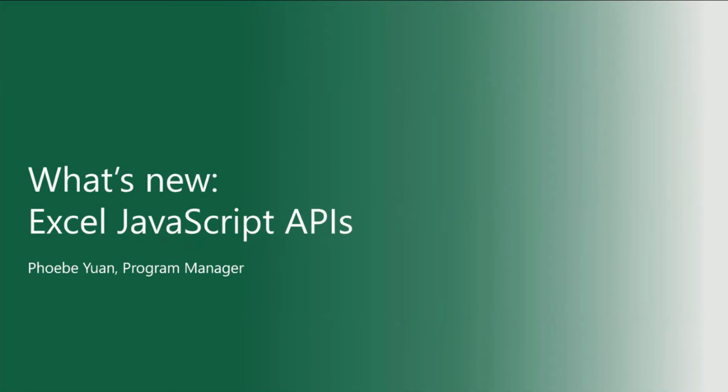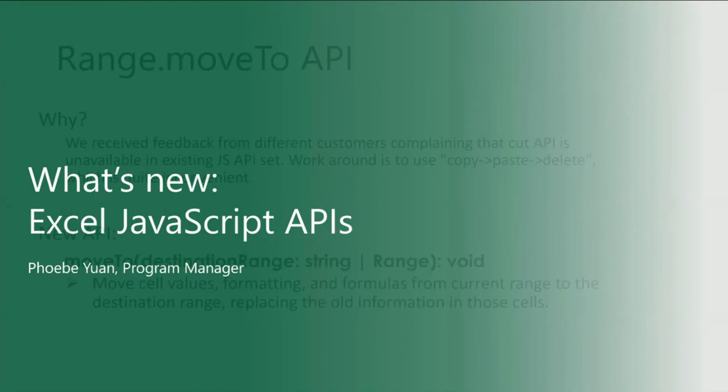So for what's new in Excel JavaScript APIs, today I'd like to update on the small API we are working on as an example. That is the Range.moveTo API.